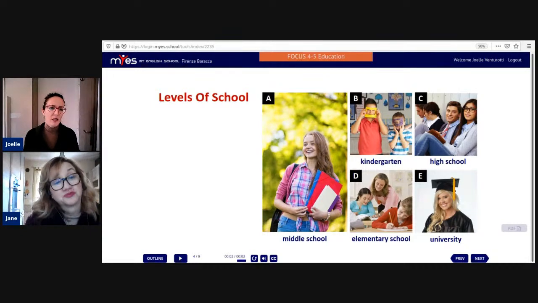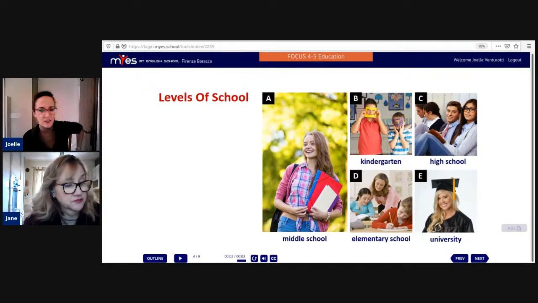So like Berkeley, they're universities. College and university have the same meaning, whereas in England, college is the end of your high school, like the last 2 years. You can choose to go to college. It's not university. And then university after 18 to go on to higher education. So this is another difference. Our schools are pretty different.